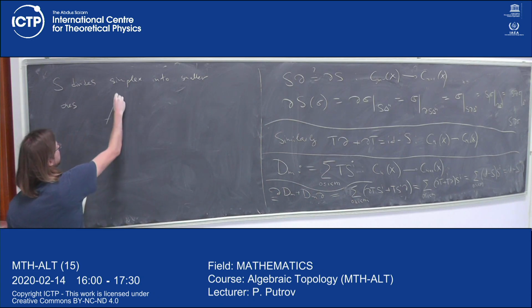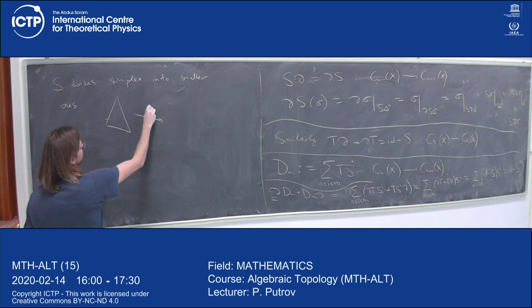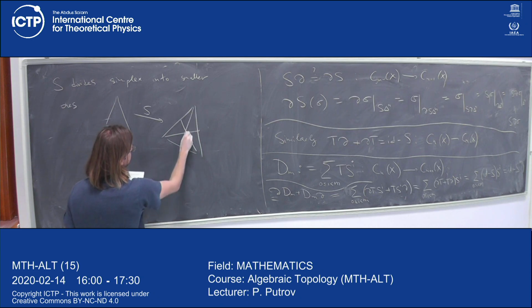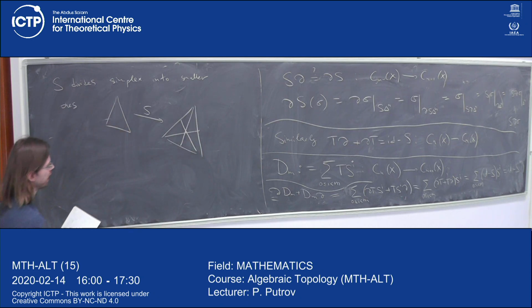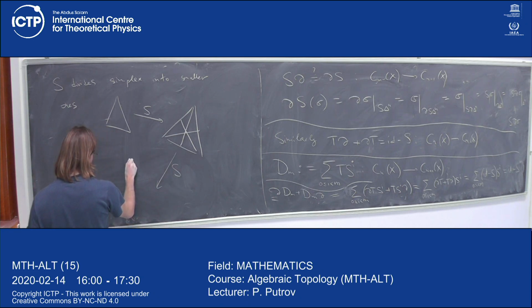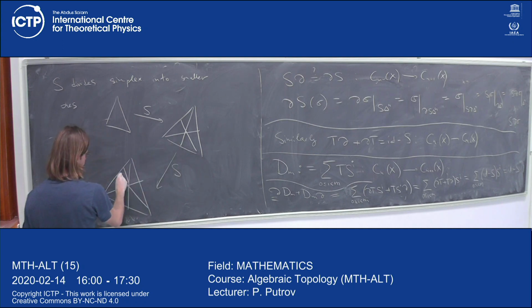So when I start with some triangle, I do S once, so it gives me a linear combination of these 6 smaller triangles. If I apply one more, I need to subdivide every one of them, like this.